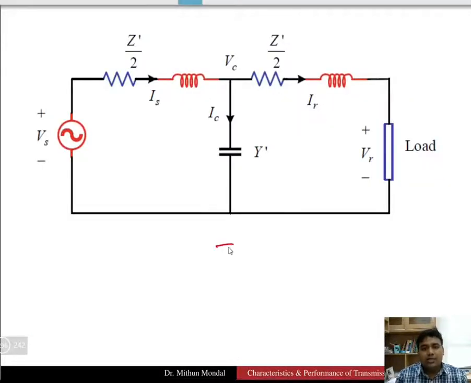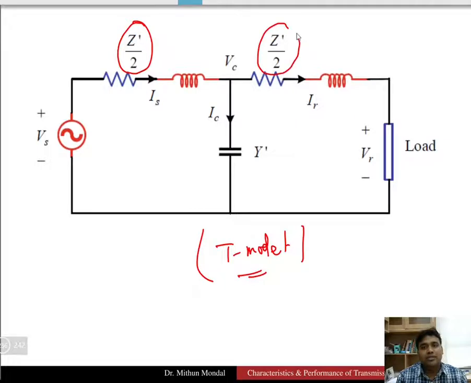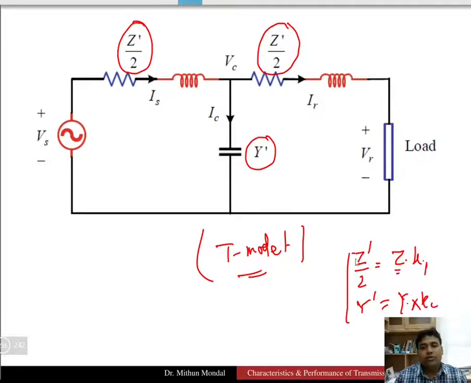This is basically the T model of a medium transmission line, which we convert to the long transmission line, where the series parameters are divided into half, Z'/2 and Z'/2, and the shunt parameter is basically Y'. So how does this Z'/2 relate to the original impedance Z, and how does Y' relate to the original Y? So this is K1 and this is K2, that we are going to obtain from this relationship.